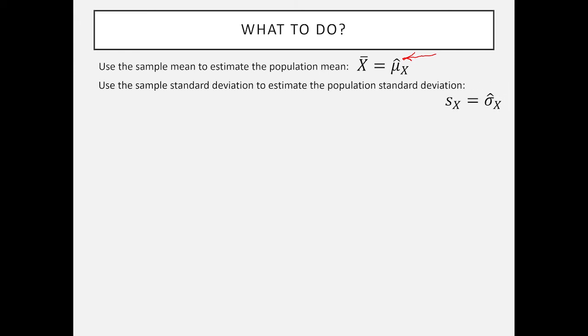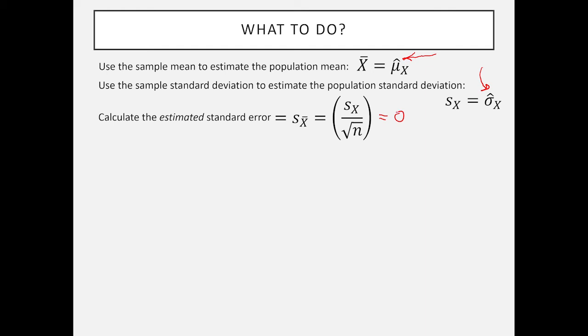And I'm going to also use the sample standard deviation, s, to make a prediction, once again, of the population standard deviation. So we can now calculate an estimated standard error. We know it's not exactly correct, but we can call it an estimator of the standard error. I could write it like this, indicating that it's the estimated standard error.